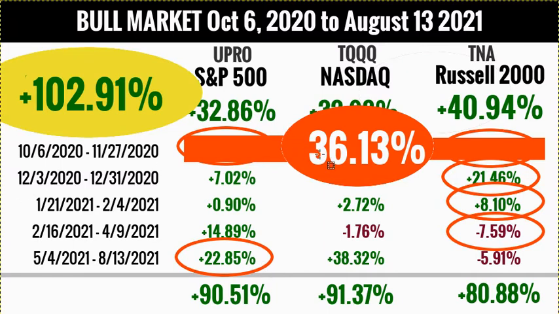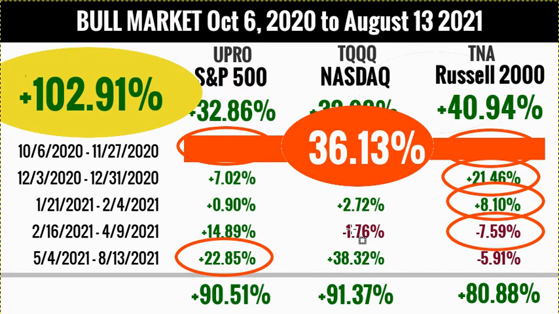So here, let's say I started with 100 and I had a 36% gain. I now have $136. I roll all of that into the next one, and then I roll all of that into the next one, and the next one, and the next one. And at the end, I would have a 102.91% gain. So it's about 10% better, 20% better than just using TNA. So it's not much more of a gain, it's a bit more work, but this is one strategy that you can use.